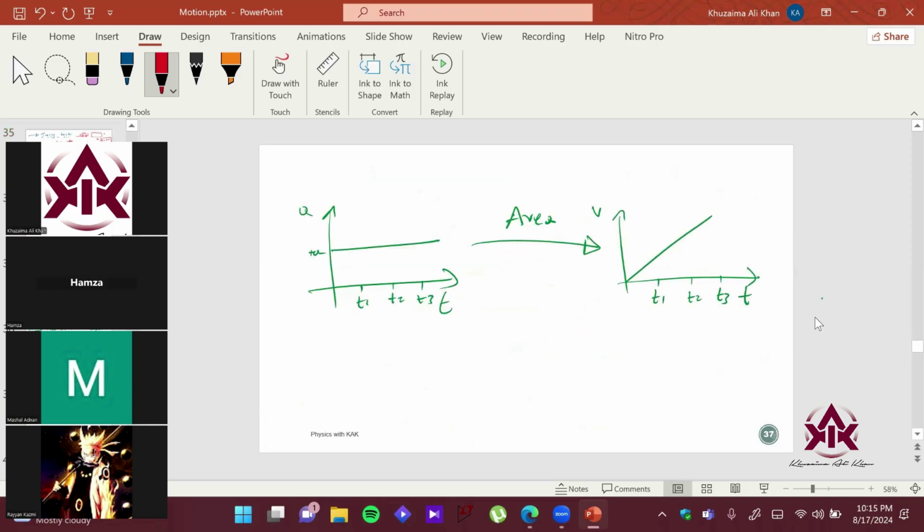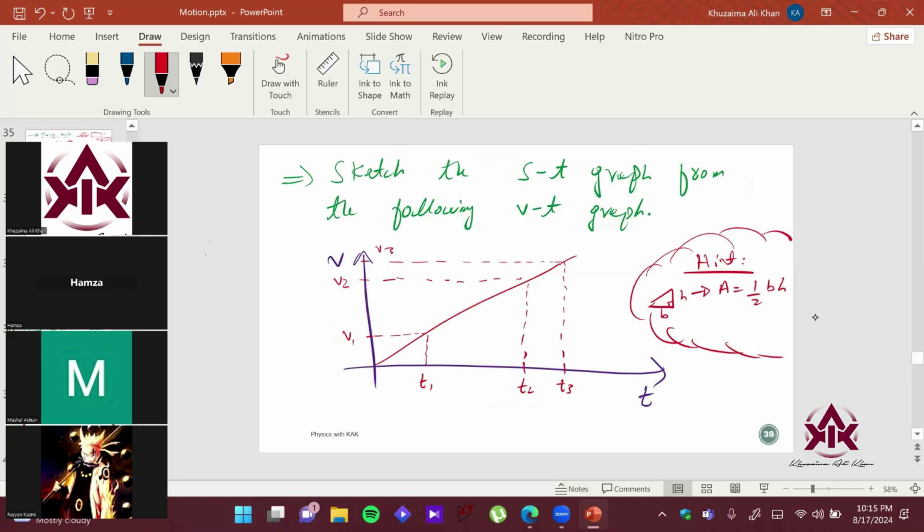Basically the trick is, if you want to backtrack, you want to find the area under the graph. Okay, so the area under the graph is going to give you the speed time graph. Okay, now what you have to do, let me also give you hint number 2.